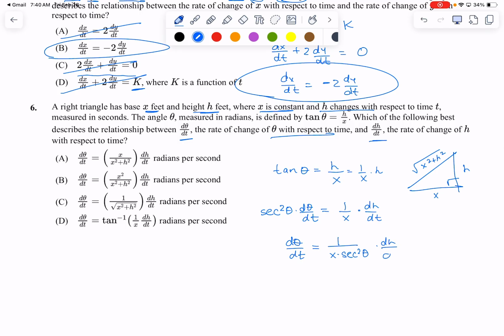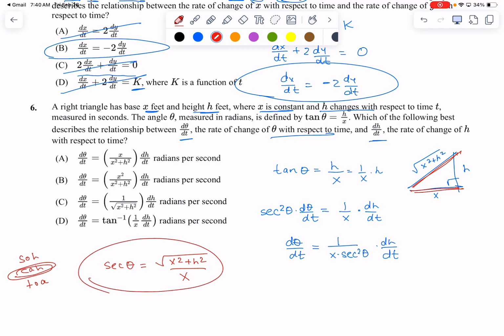But we're going to replace secant squared theta, so let's find secant theta again. It's SOH CAH TOA. We're doing cosine for secant, but we flip it because secant is the reciprocal of cosine. So it's not adjacent over hypotenuse, it'll be hypotenuse over adjacent: the square root of x squared plus h squared over x. Now we're going to square it. What do you get when you square that?